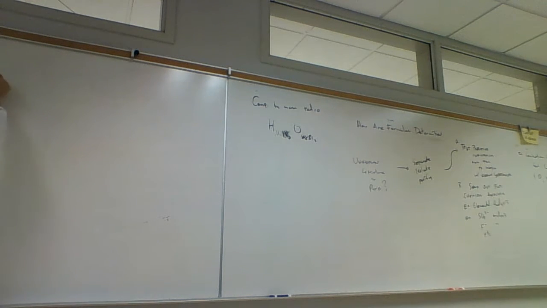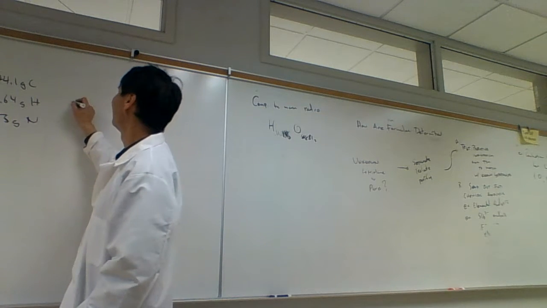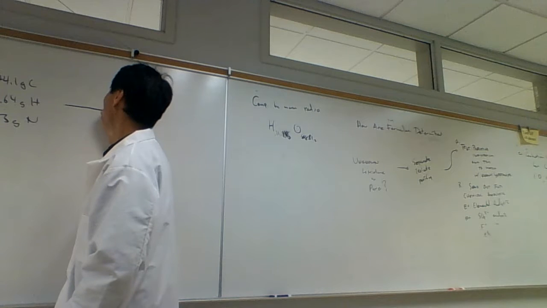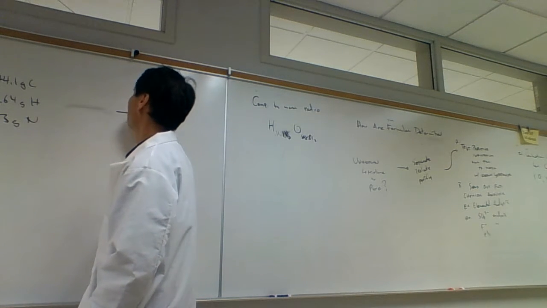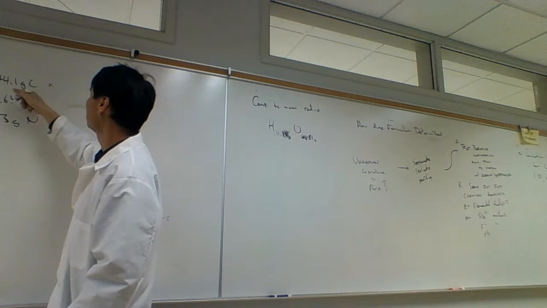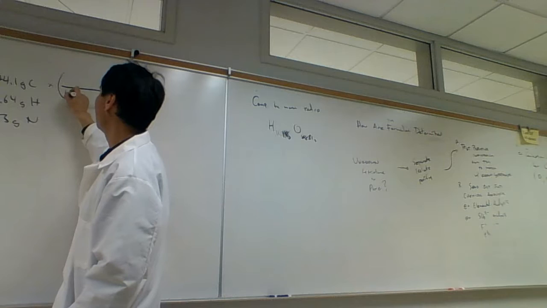If we have 100 grams, then we're going to have 74.1 grams of carbon, 8.64 grams of hydrogen, and 17.3 grams of nitrogen. And then we're just going to convert it to moles using the molar mass. Converting it to moles, we'll do them individually here. To convert grams of carbon into moles of carbon, we'll use the molar mass off the periodic table.